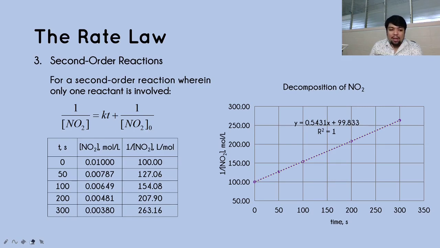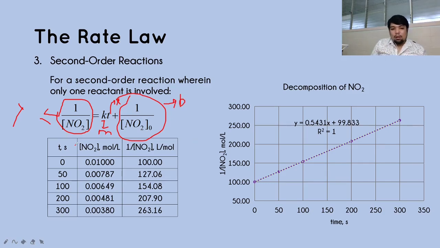So this will be your Y for the slope-intercept form. Your rate constant here will now be your slope, not the negative value of the rate constant. So this will be your X, and the whole thing here will be your Y-intercept.